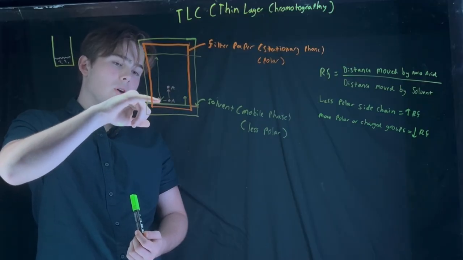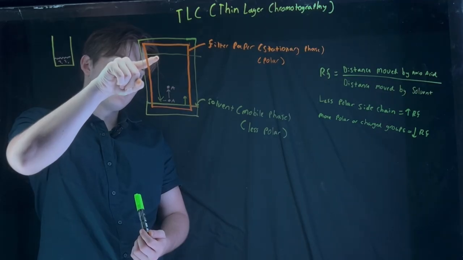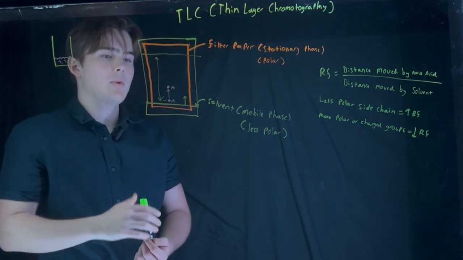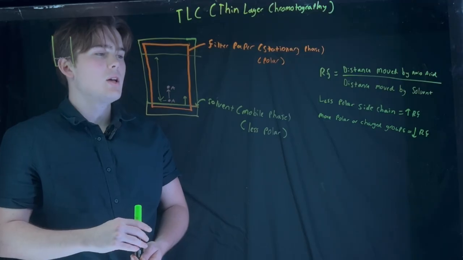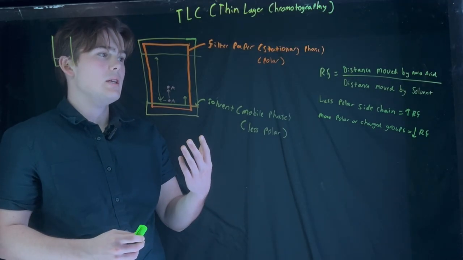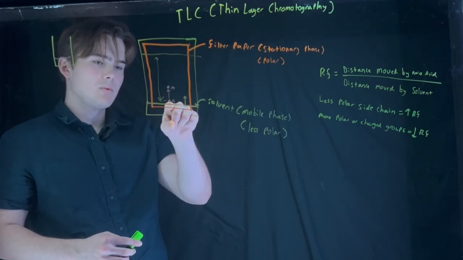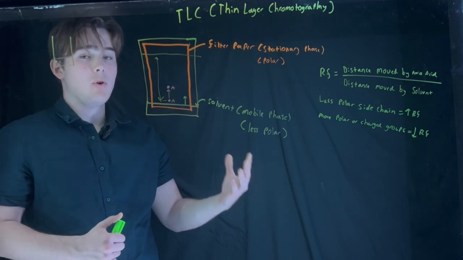It's measured from the point of that amino acid to wherever that solvent stops moving up the filter paper. And the distance moved by the amino acid is just from that point to that point there.